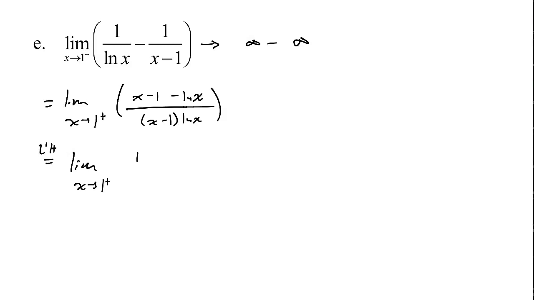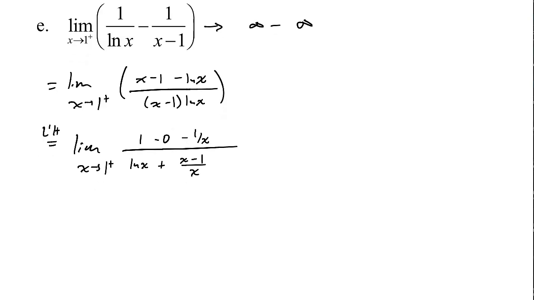All right, so derivative of 1 minus 0 minus 1 over x, derivative of natural log. And then down here I'll need to use the product rule, right? So do the derivative of the first times the second plus the first times the derivative of the second. So just realize those are two multiplied together. So I'm going to do ln of x plus x minus 1 times 1 over x, so x minus 1 over x.